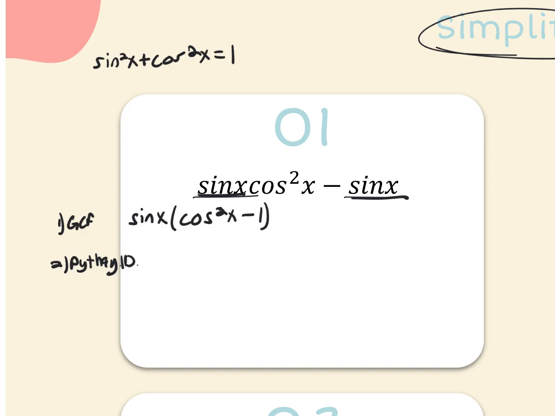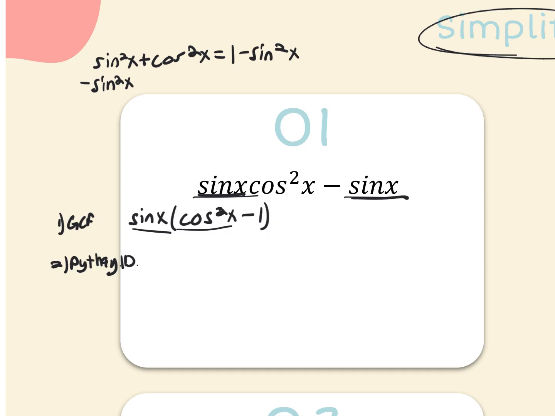So what does that mean you could do? There are actually a couple of ways you could go about it. Why don't we try replacing this cosine squared x with something in terms of sine, because we see a sine out here, and maybe that'll make it a little bit easier. So why don't we subtract sine squared x on both sides?